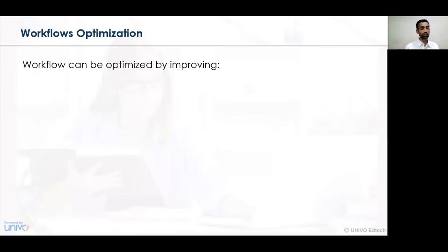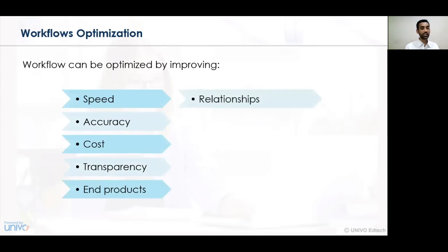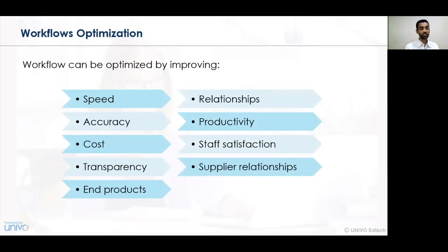Now let's understand what we mean by workflow optimization. The concept of workflow optimization continuously focuses on certain types of activities conducted in a business organization while having better control on speed, accuracy, cost, transparency, and the end products. The relationship, the productivity, the staff satisfaction, the supplier relations, and the customer satisfaction.